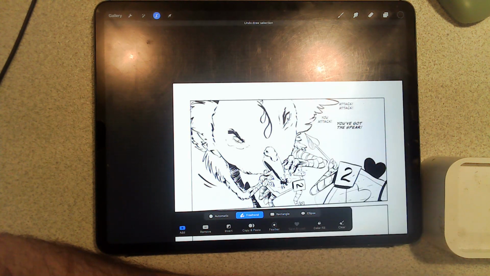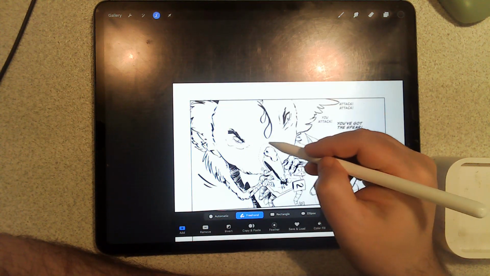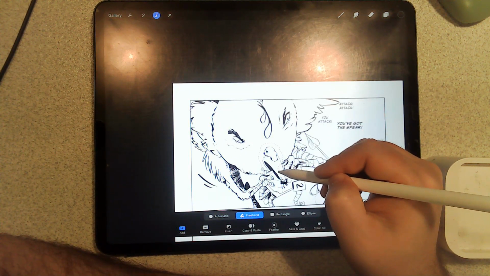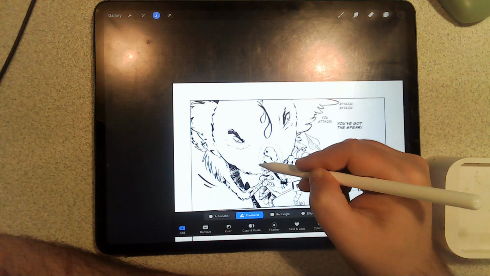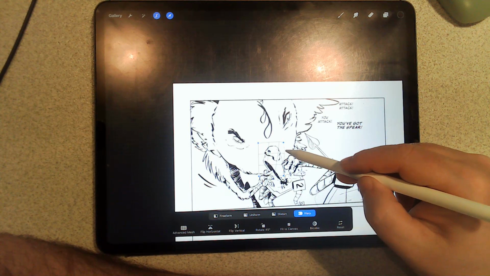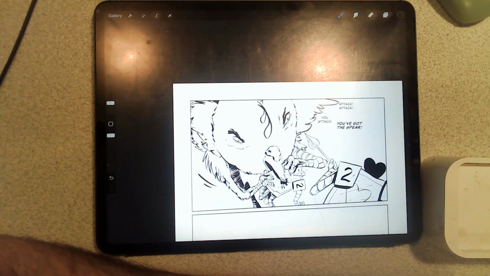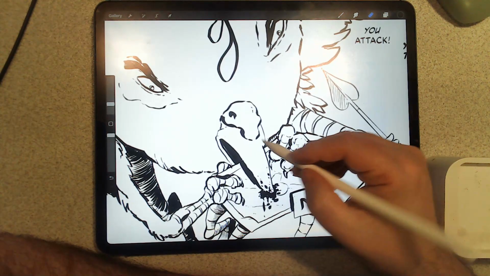I don't think I can move the beak. I mean, I can warp it a little bit. I can do that. So I can something like that, and then I can just fix the line.